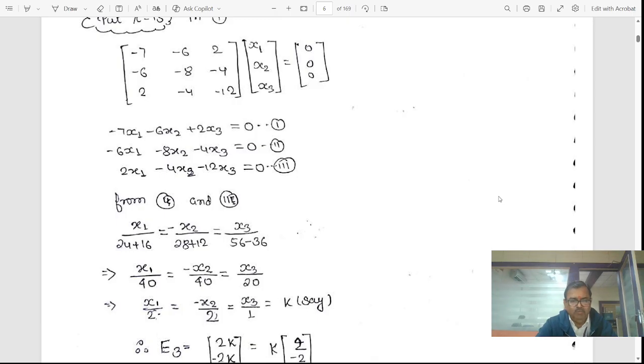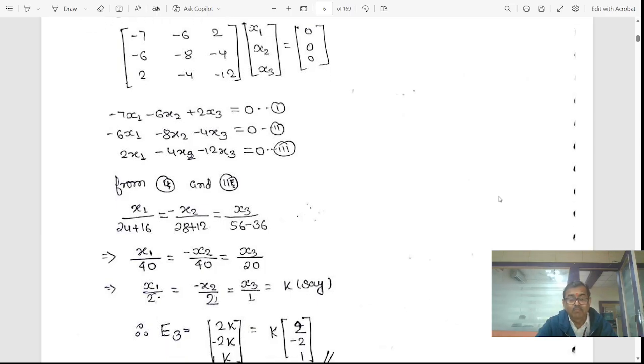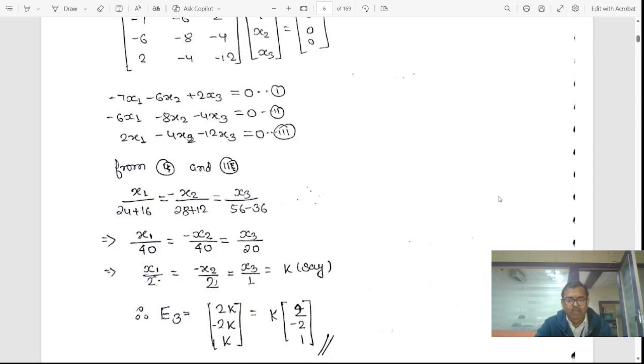It is in ratio form, so we can also write x1 upon 2, x2 upon 2, and x3 upon 1, equal to k. Same as before, X3 = [2k, −2k, k]. K is common, so [2, −2, 1]. That is the third eigenvector corresponding to lambda = 15.